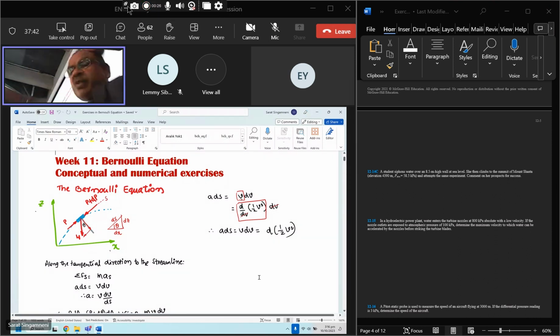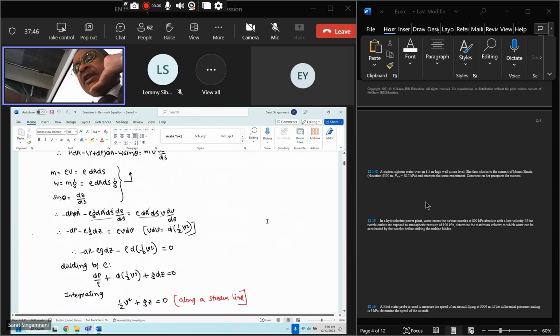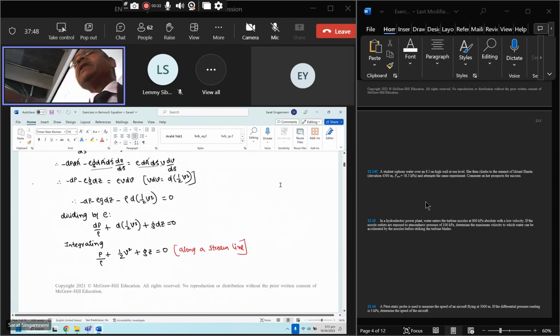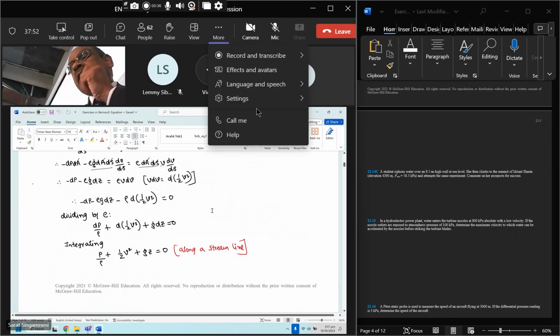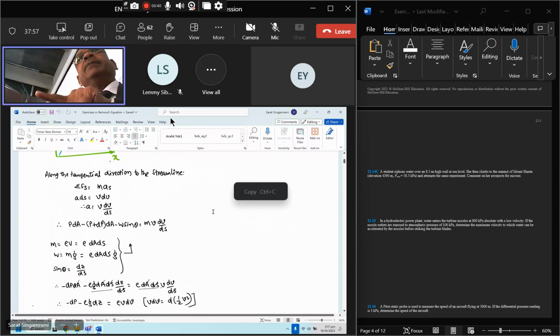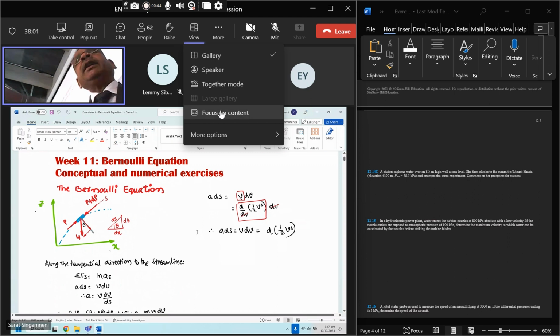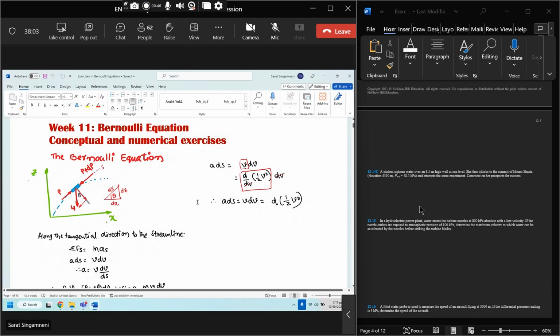All right. We talked about the derivation of the Bernoulli equation in the last class. In the first topic, I have shown you a couple of possible derivations.